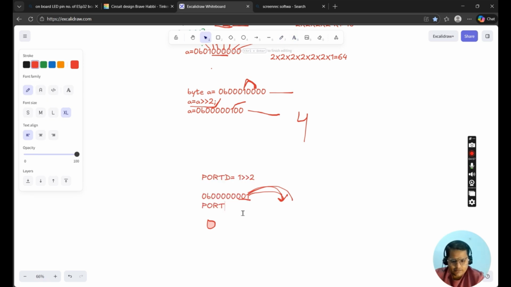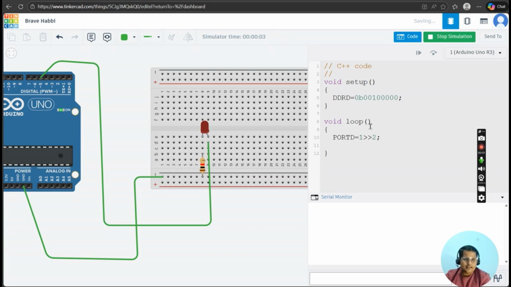What will be the new value if you are doing this? The new value will be 0 0 0 0 0 0. So as you have seen, when we are doing this right shift operation, the LED is not turning on, because we understood, right, when we shift the one two times to the right, we are getting PORTD equal to 0, right?